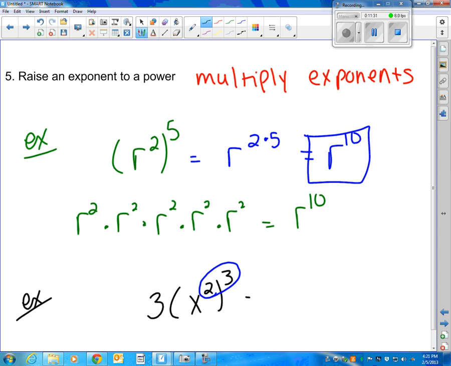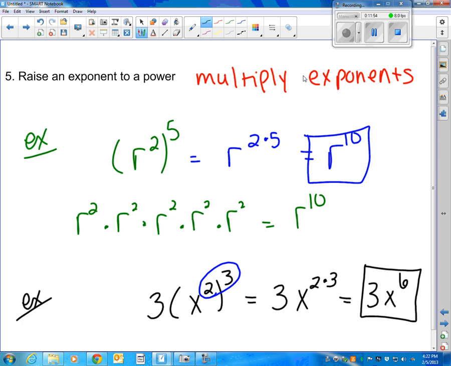The 3 doesn't change. So here I have x to the 2 times 3, or 3x to the 6th. And that would be my final answer. And that is a quick sum up of the 5 rules using exponents. If you have any questions on them, just look back at any one of the examples.